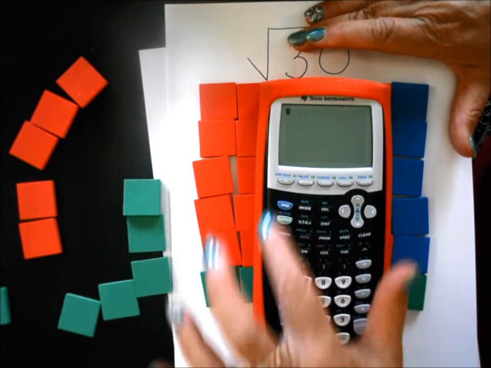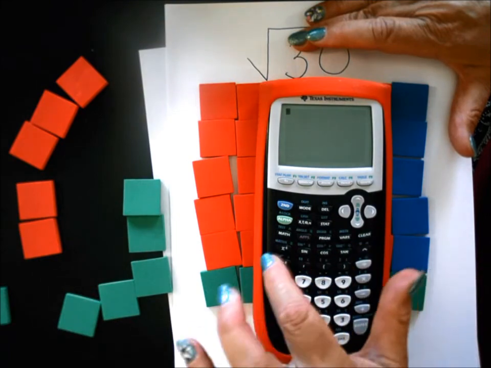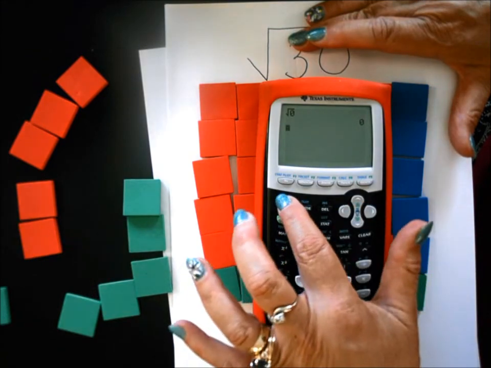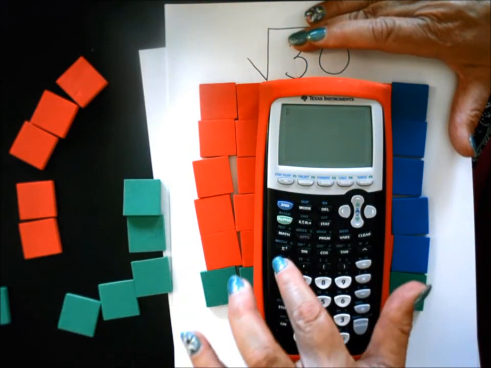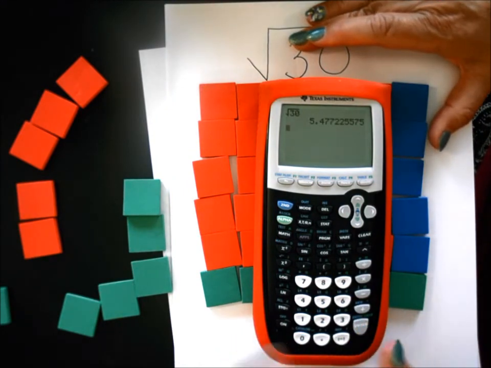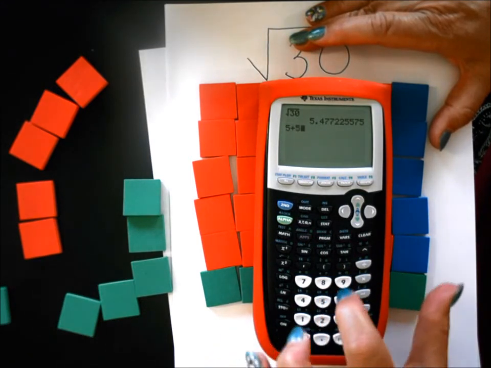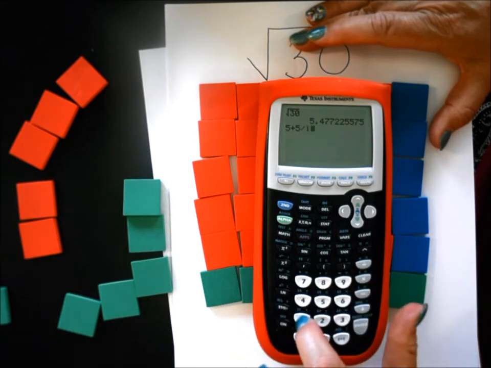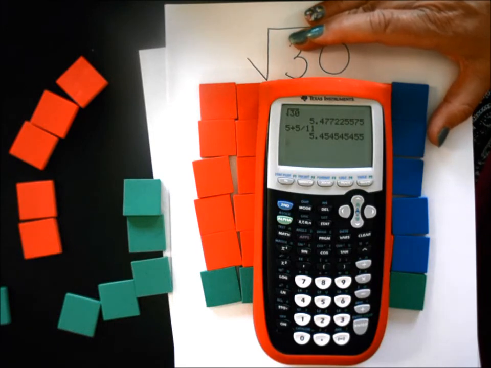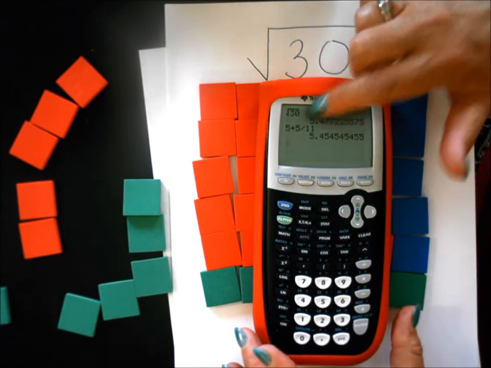We're going to do the square root of 30 and we get 5.77, etc. Now let's do 5 and 5/11, and we get 5.454, which is a pretty close estimate. So 5 and 5/11 is a pretty close estimate to the square root of 30.